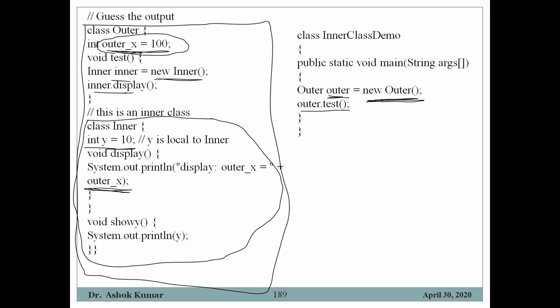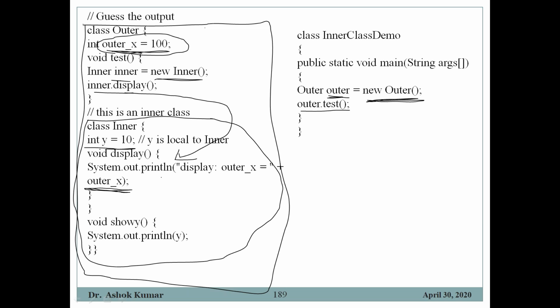Then we are calling inner.display. This will call this display method. In the display method, we are printing the outer x value. We are directly accessing outer underscore x.